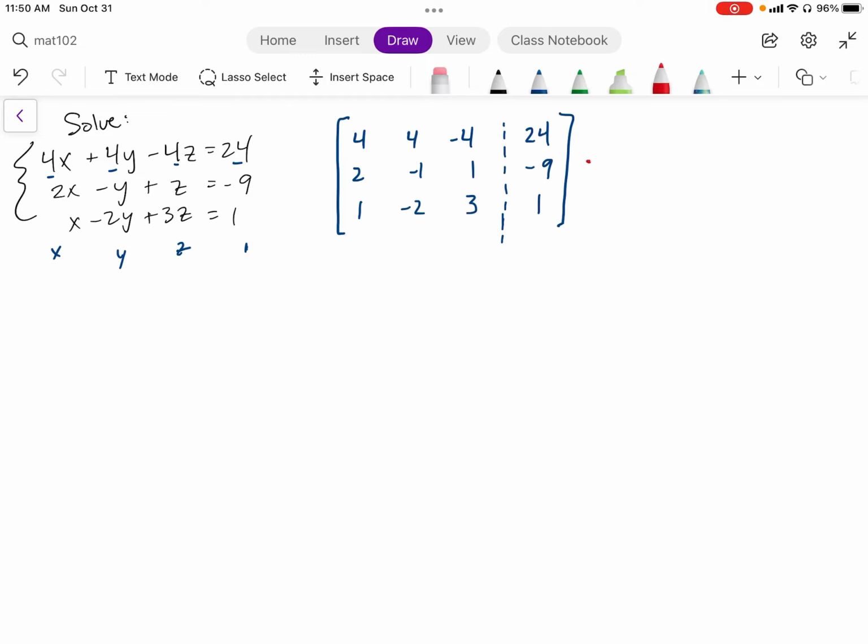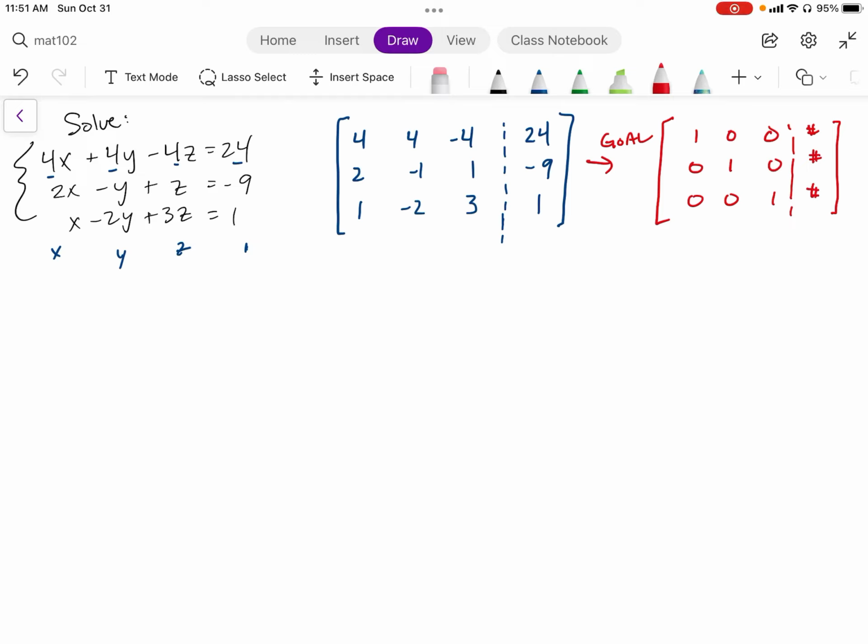And our goal is to transform this thing into a bunch of ones and zeros, which we call reduced row echelon form. So what we want is 1, 0, 0, and then whatever number is here is our answer. Okay, I'll explain better here in a second. 0, 1, 0, 0, 0, 1.